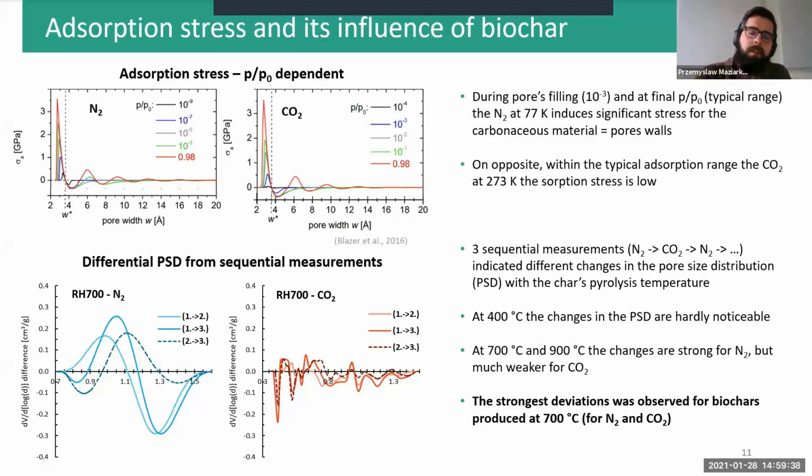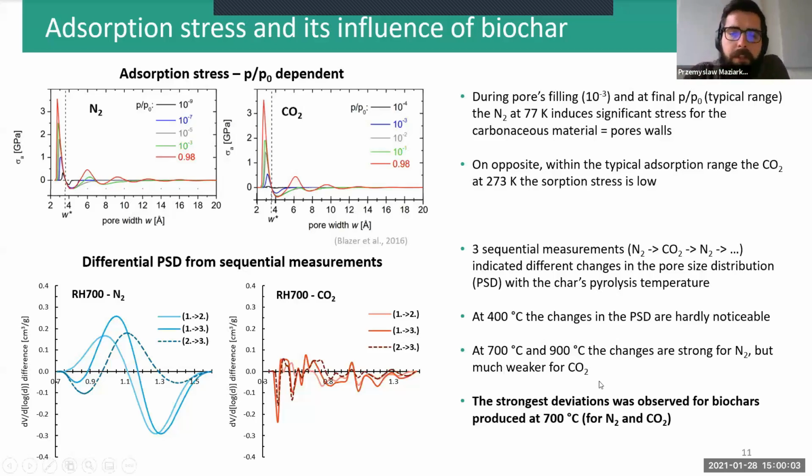To investigate it deeper, we decided to make sequential measurements on the biochars, on the rice husk biochar especially, at different temperatures. So we used nitrogen, carbon dioxide, nitrogen, and so on in three sequences. And then we checked how the pore size distributions differ between each other.